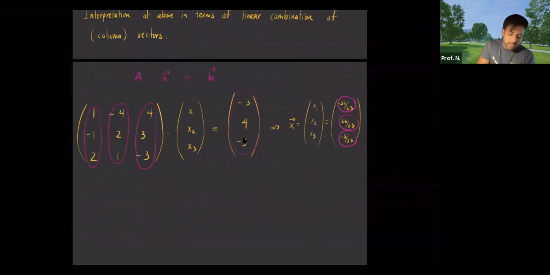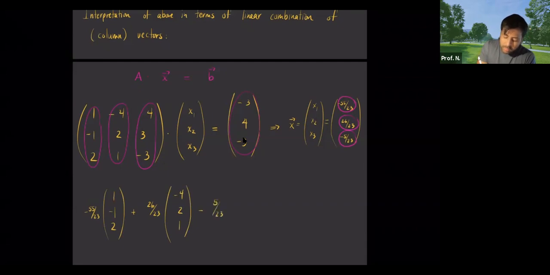So I can rewrite this. This can be interpreted as a linear combination. If I take negative 55 over 23 of 1, negative 1, 2, add that to 26 over 23 of negative 4, 2, 1, minus 5 over 23 of 4, 3, negative 3, this adds up to negative 3, 4, negative 3.